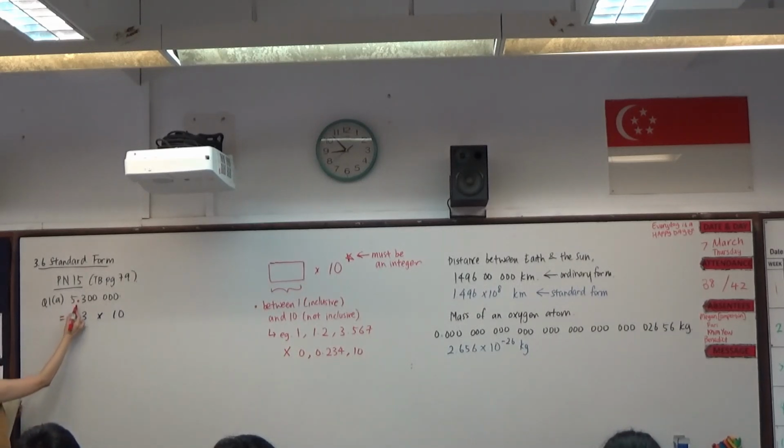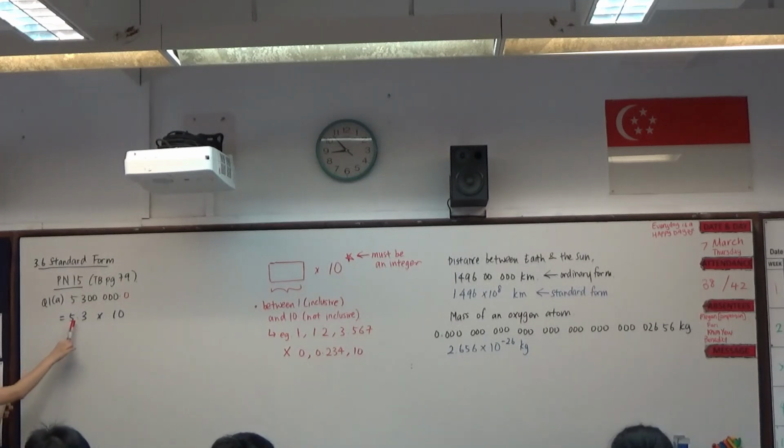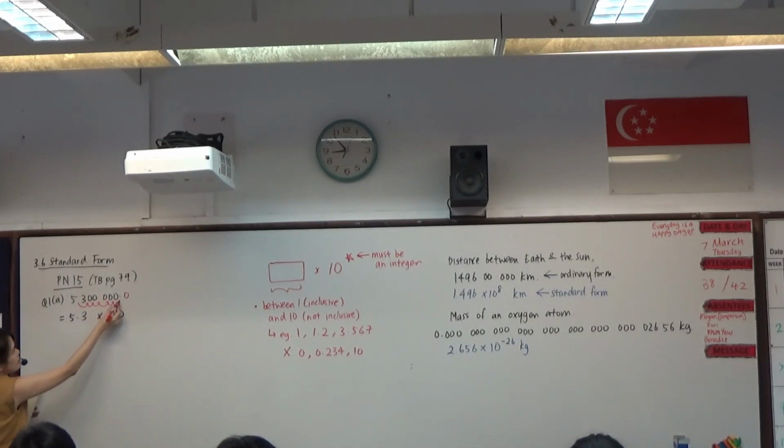This is where my decimal place is to be, but in the original number itself, the decimal place is actually here, because it's supposed to be 5,300,000.0. From where I decide to have it to where it is supposed to be, I'm moving the decimal point over to its original position by 6 places. We learned in primary school that if I times 10 once, it moves the decimal point to the right once.